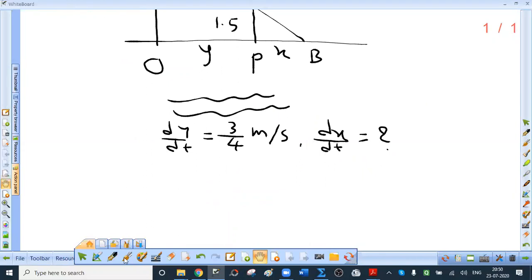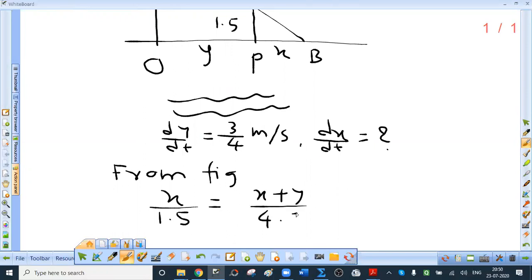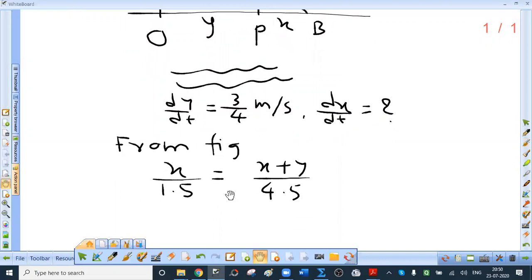So again, in this case, you have to use the relation from the diagram. Write down. Same logic, x upon 1.5 is what? x plus y upon 4.5. The same thing. Therefore, in this case also, x equals half y.